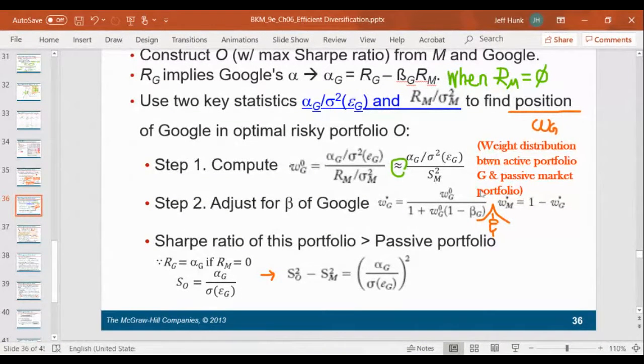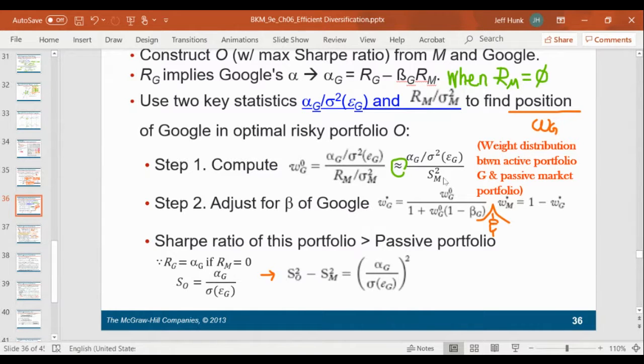And if this ratio is greater than 1, if the Sharpe ratio of Google is greater than the Sharpe ratio of the market portfolio, then the ratio will be greater than 1.